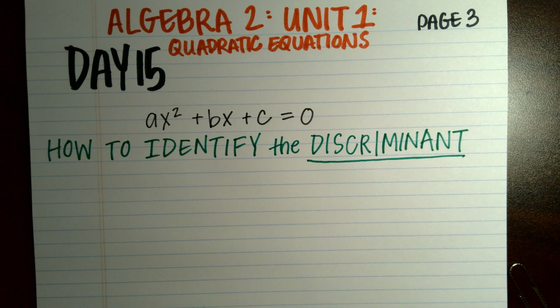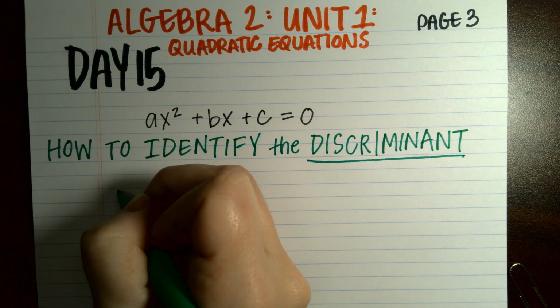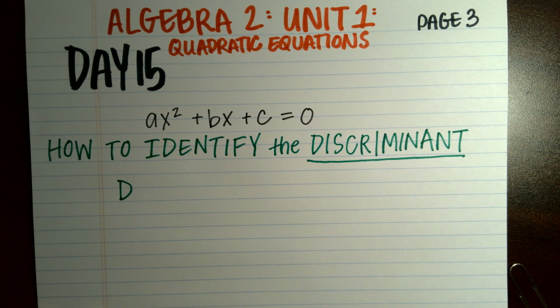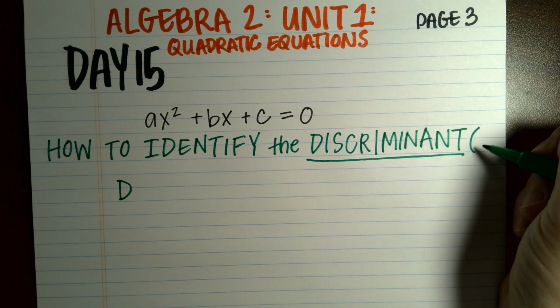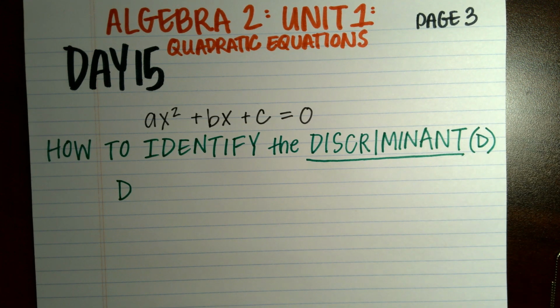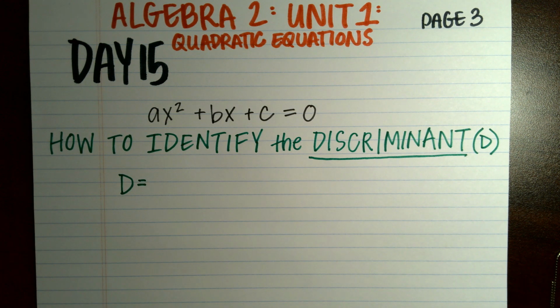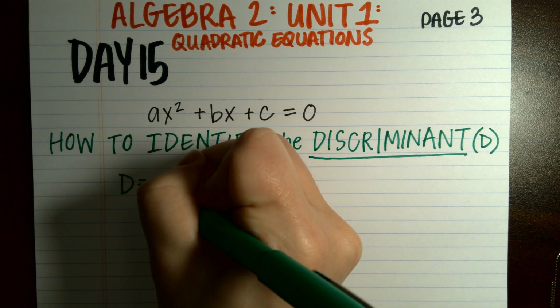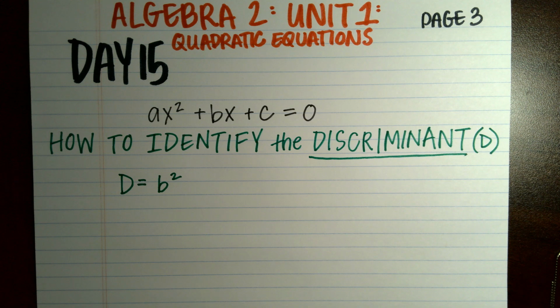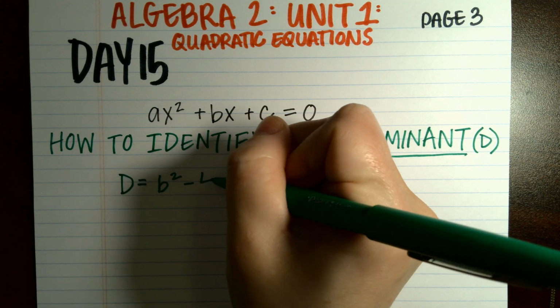I'm going to give you a little formula. D stands for discriminant. So in parentheses here, I'm going to write D, so I don't forget. D equals b squared minus 4ac.